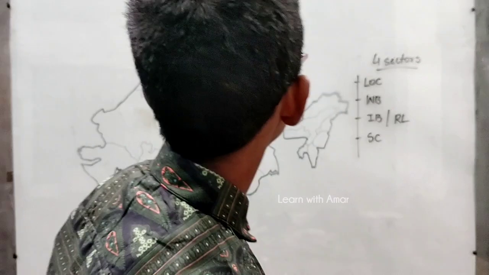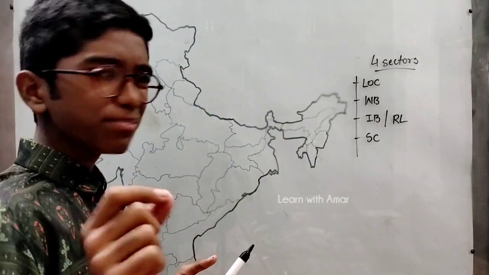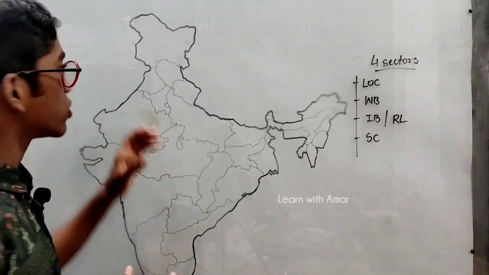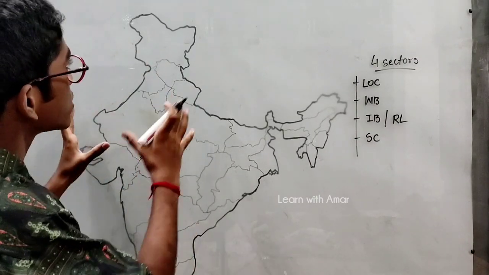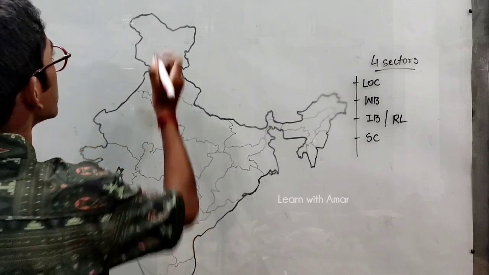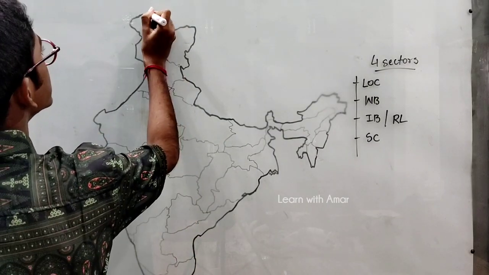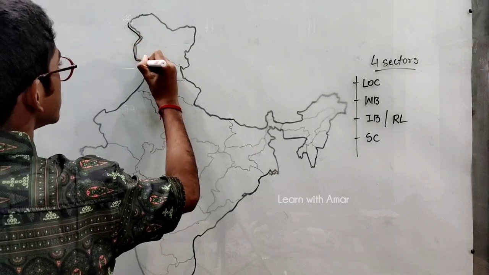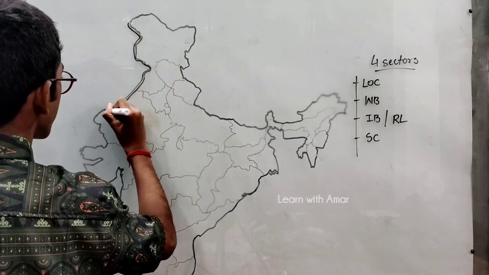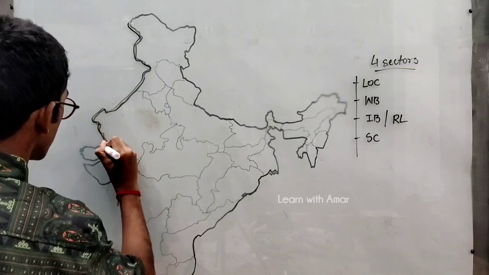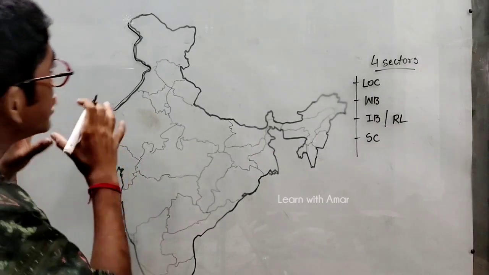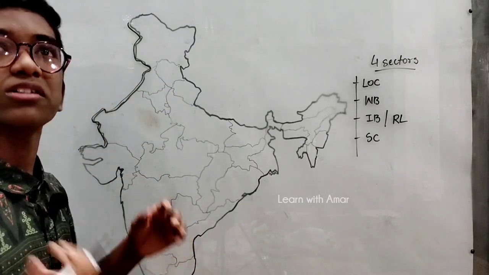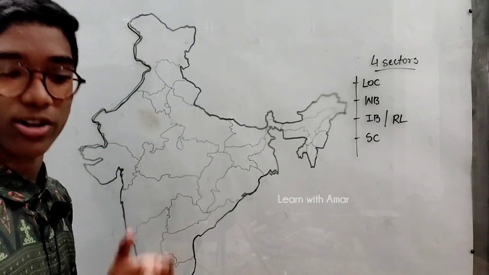Before going to these sectors, let me tell you quickly what is there near the border of India and Pakistan. As we know, this is the border between India and Pakistan, but this is not the exact border which Pakistan or some of the countries in the world draw.